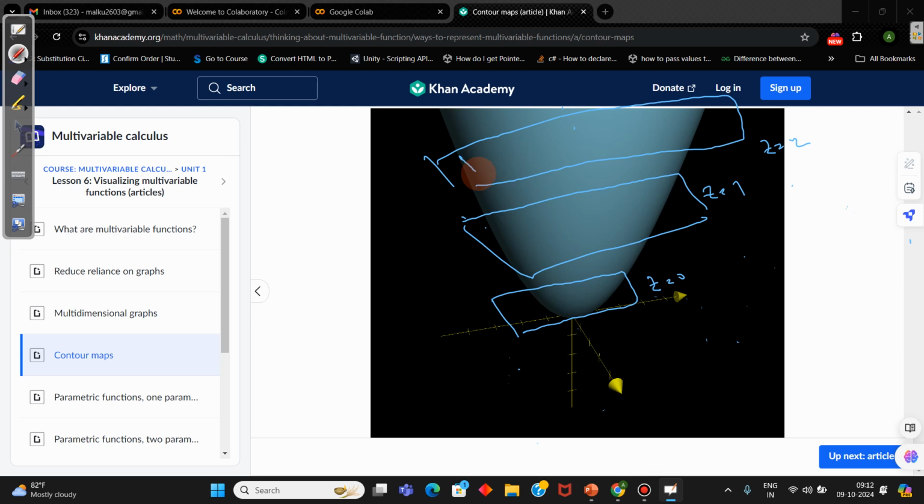We are only taking the part cut by the plane on the surface, not the points going inside, only the points on the surface of this paraboloid.